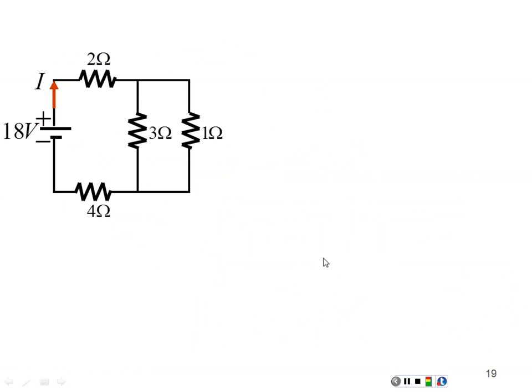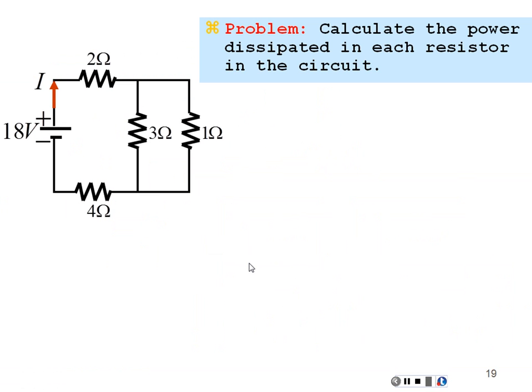Let's try these things out in a circuit. Here's our problem. Calculate the power dissipated in each resistor in this circuit. We have an 18 volt battery, we have 4 resistors, 2 of them are in parallel, with 1, 2, 3, and 4 ohm resistors. We want to calculate the power dissipated in each resistor.